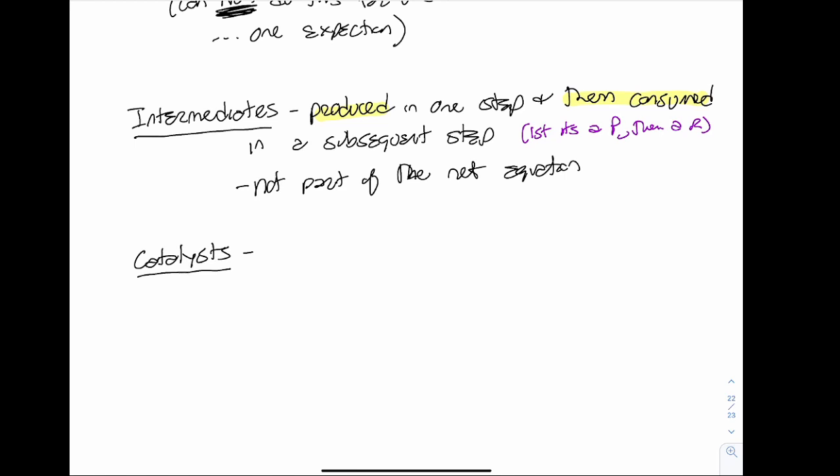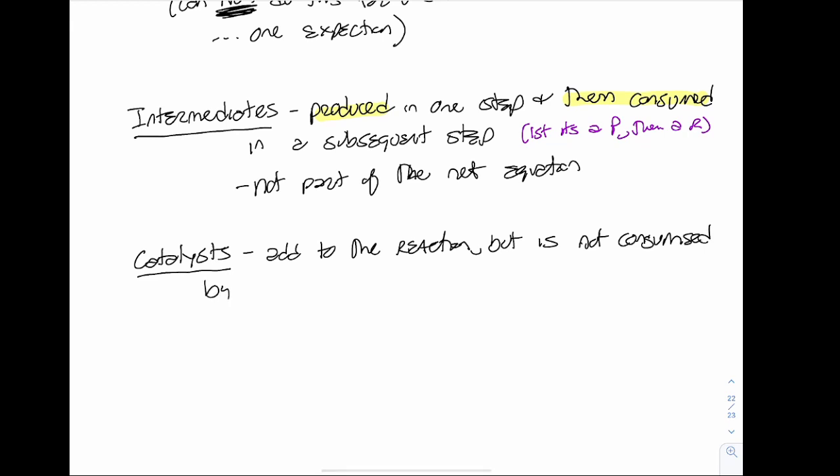It's not consumed. So this is added to the reaction, but is not consumed by the reaction. And it functions, and again, we will talk in more detail about it in a little bit, to increase reaction rate.